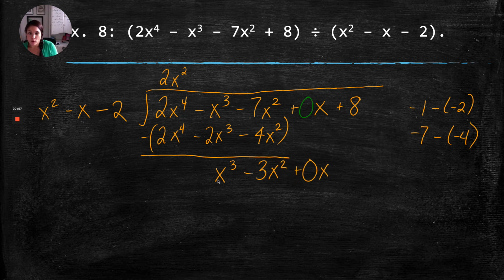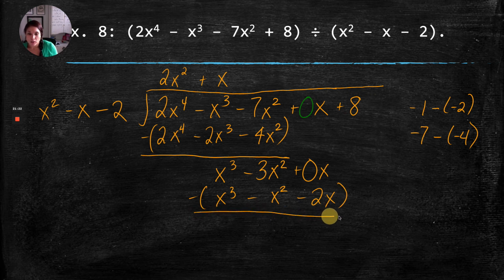Now x squared goes into x cubed one time because x times x squared is x cubed. And then I multiply it by my next term. Positive x times a negative x is a negative x squared. And then x times negative 2 is minus 2x.